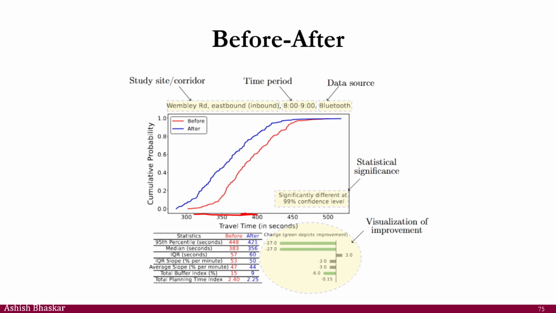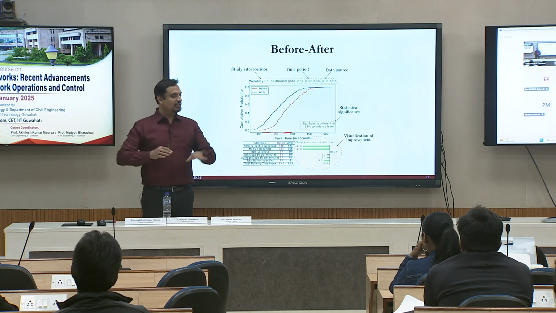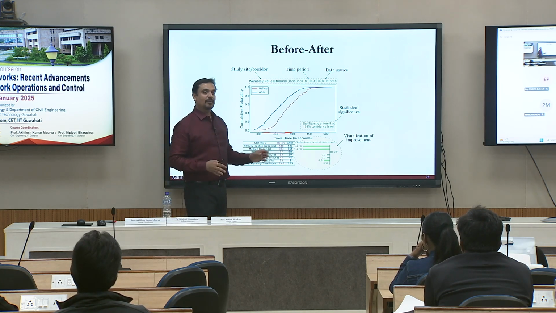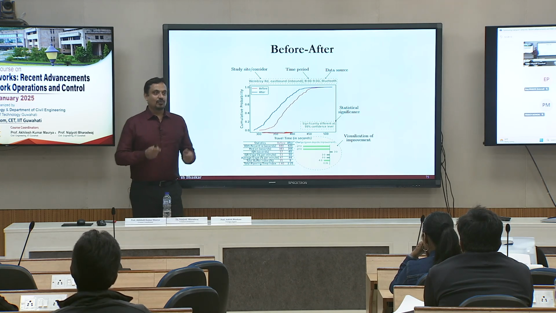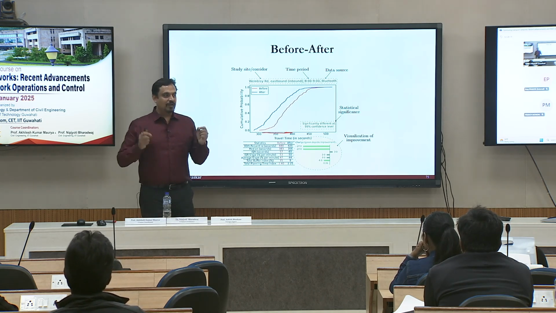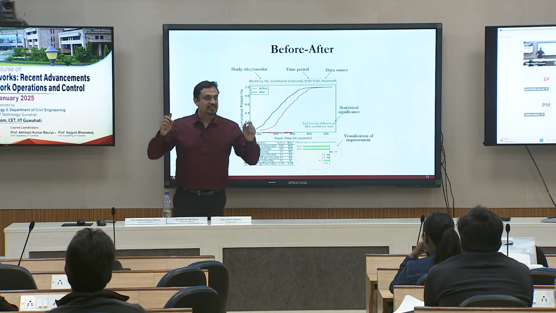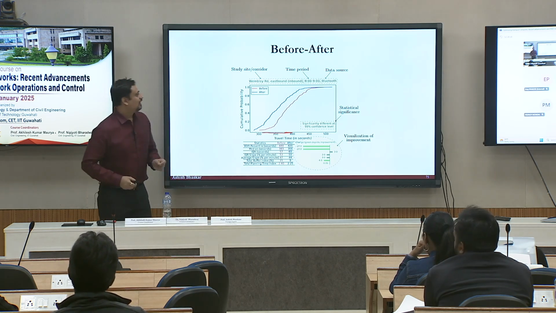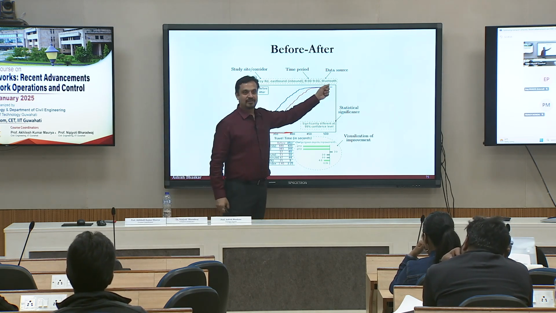They have their own biases. I will not trust them. I will not compare them easily because they will have their own noise in the system. If I'm using Bluetooth before and after, I'm actually more confident. So one thing that we recommended to the department is to make sure that the source of the data is the same before and after, because each source has its own bias. That's why I wrote Bluetooth here.